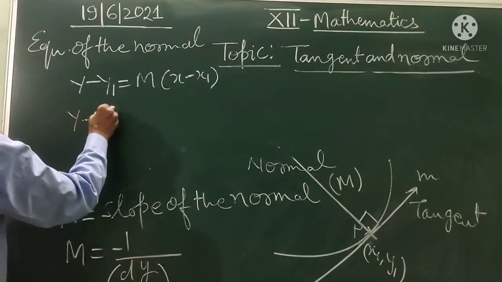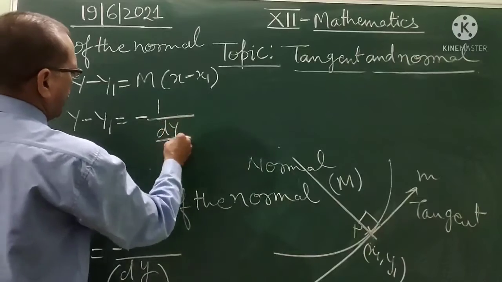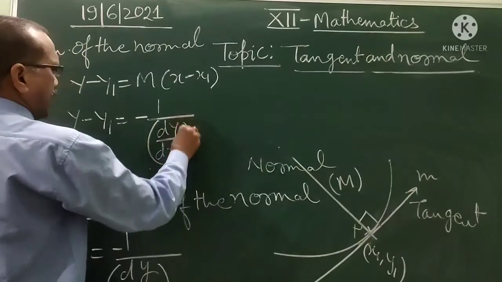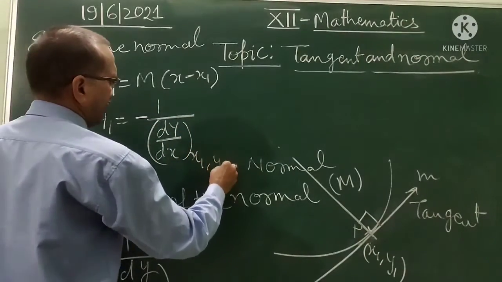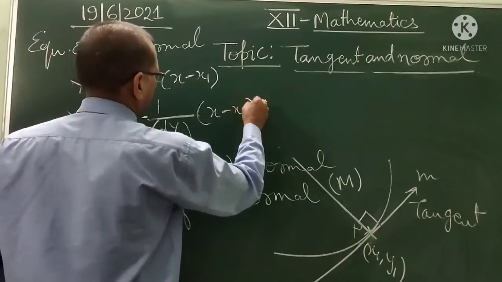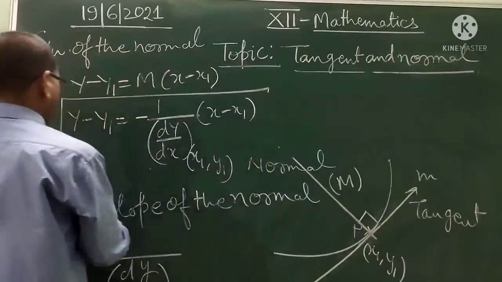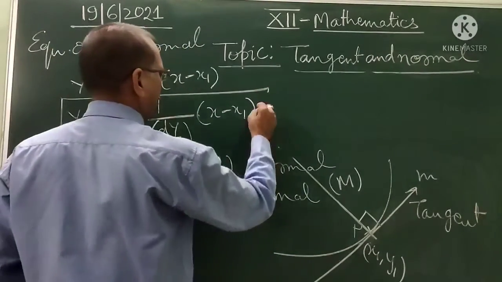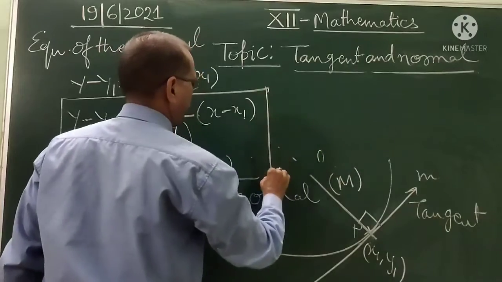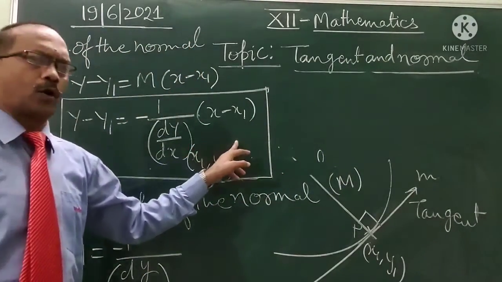Or it is y minus y1 equal to minus 1 upon dy over dx at (x1, y1) times (x minus x1), which is the required equation of the normal.